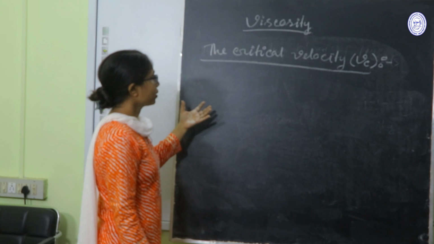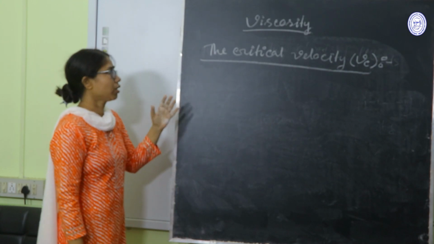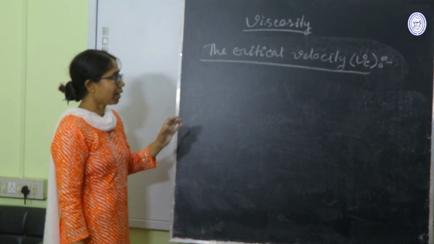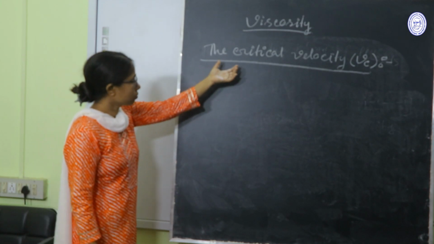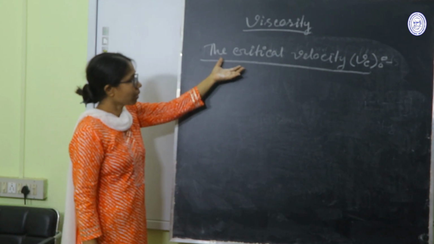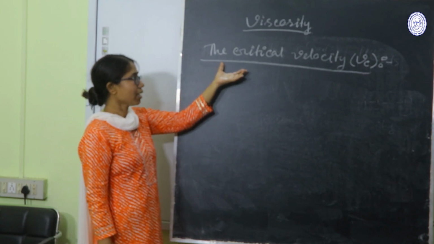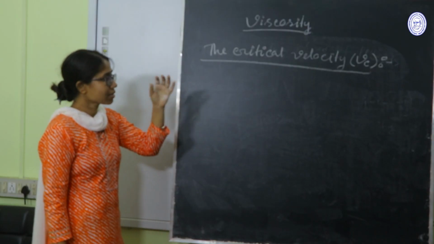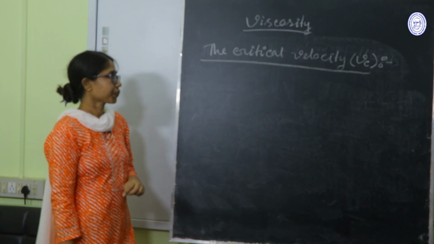Earlier we mentioned that for streamline flow, the velocity should not be very high, or should be low, but how low? This is the limiting velocity for streamline flow. So, critical velocity is the limiting velocity at which streamline motion turns into turbulent motion.